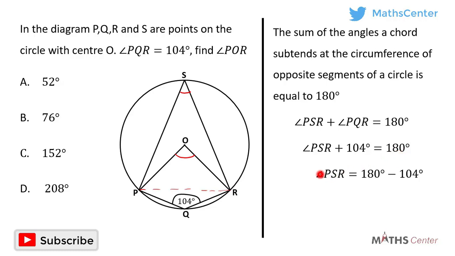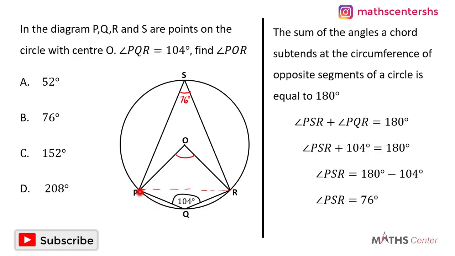This will give us angle PSR is equal to 180 degrees minus 104 degrees. And this will give us 76 degrees. So the value of angle PSR, that is the angle at point X here, is 76 degrees.